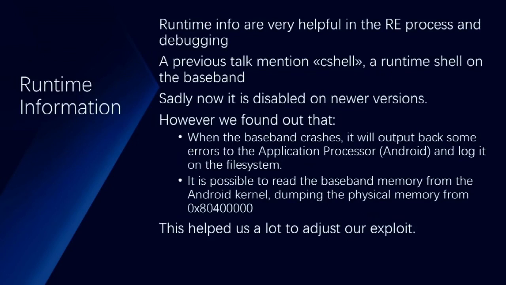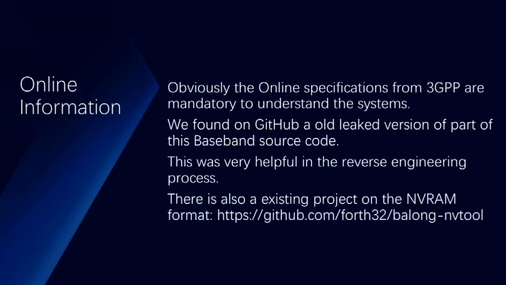However, we found out that when you crash the baseband with some bug, it will output some logs to the application processor and store them on the file system. And also, if you have kernel code execution, you can just read the baseband memory from the physical memory of the device, starting from this address. And this kind of memory dump capability helped us a lot to adjust our exploit.